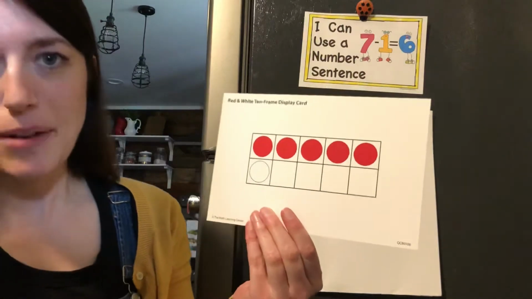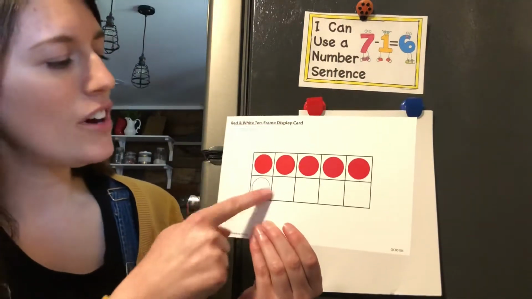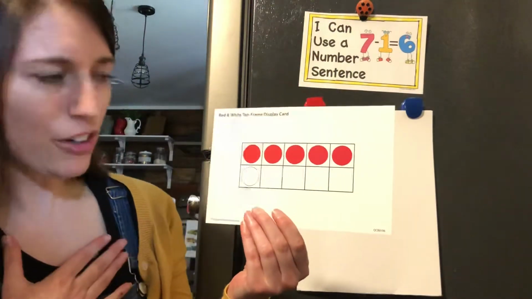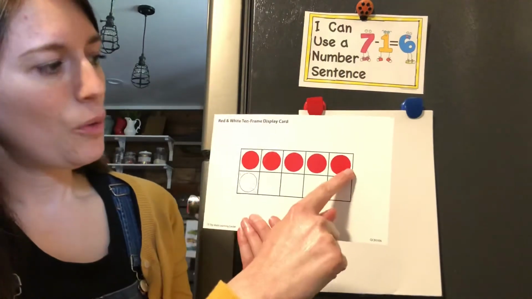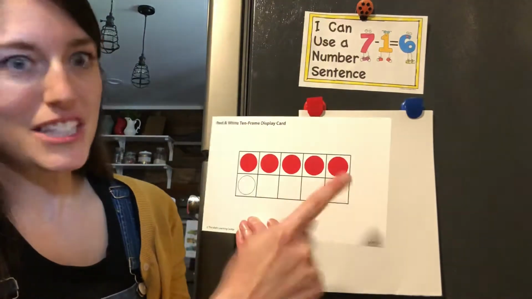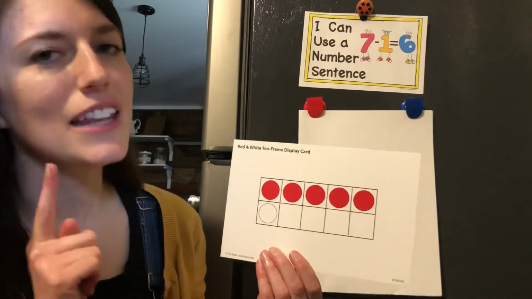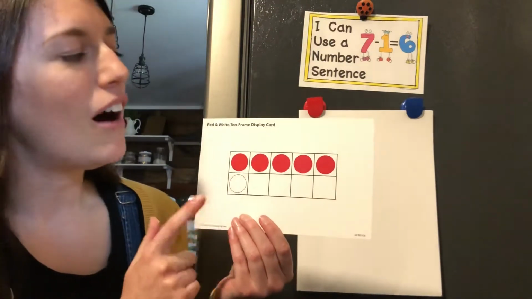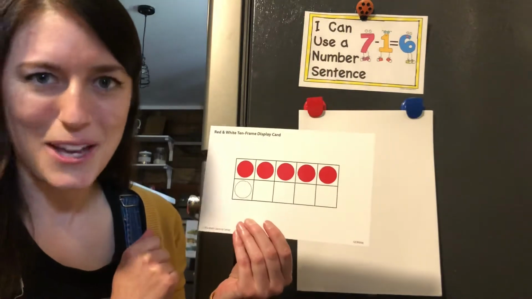And these 10 frames have red dots and they have white dots, okay? And we are going to be writing equations that show how many red dots and how many white dots. And I have a feeling that at the end of this game, you're going to notice something about all of our equations and all of our 10 frames, okay?